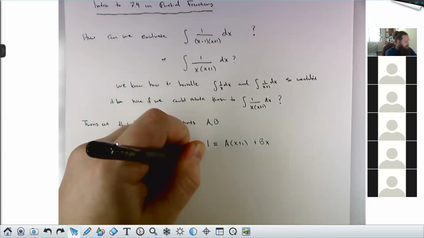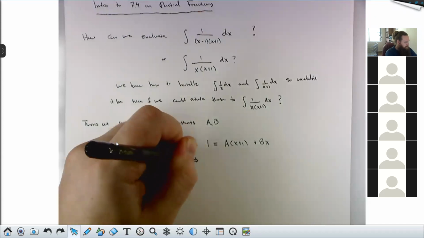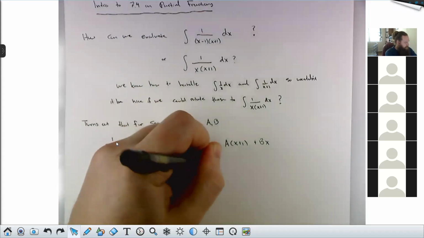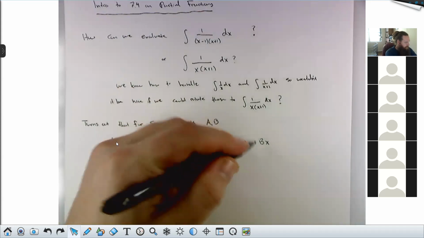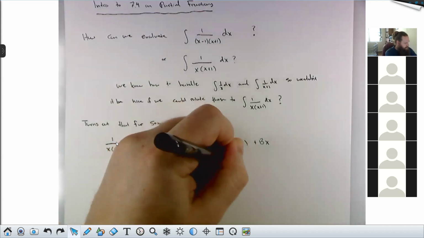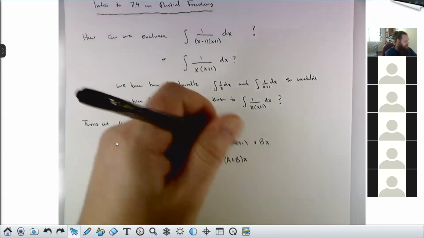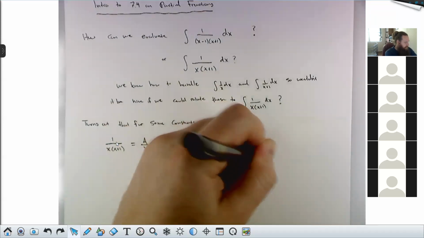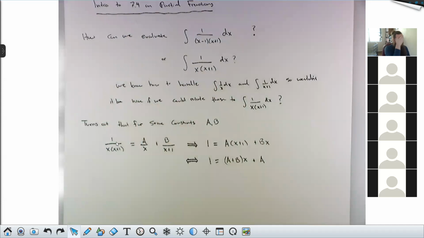Which we can then rewrite as 1 equals Ax plus Bx plus A, which is A plus B times x plus A. Right, just distributing the A here and then combining like terms.